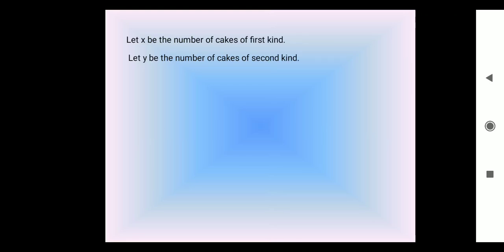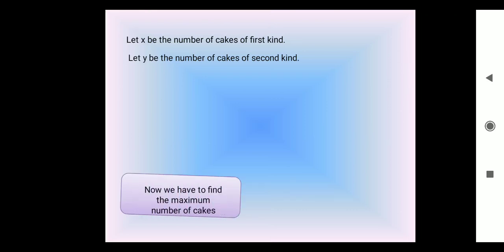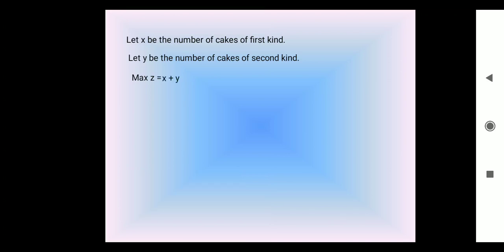Let x be the number of cakes of the first kind and let y be the number of cakes of the second kind that are going to be added together. Now we have to find the maximum number of cakes, that is, our objective is to find the maximum value. Therefore, consider the linear objective function: maximum of z = x + y.